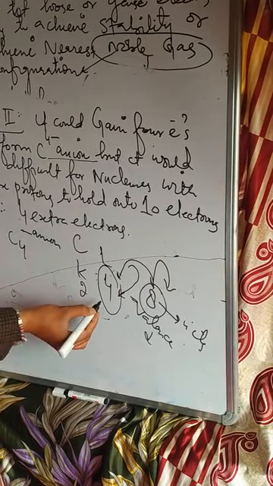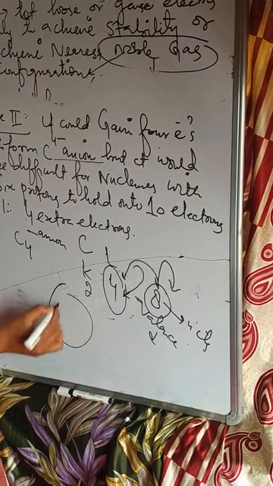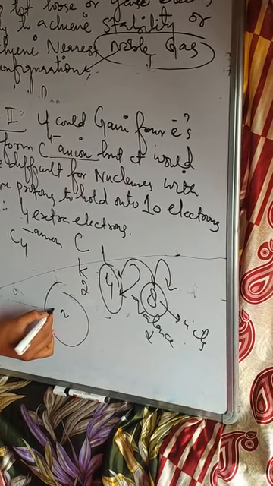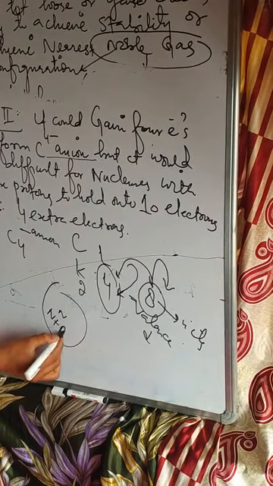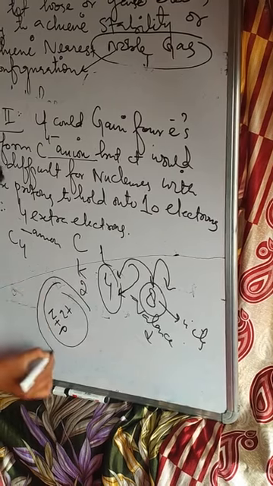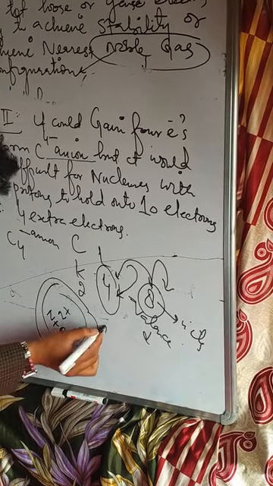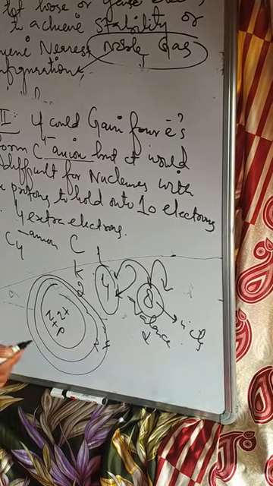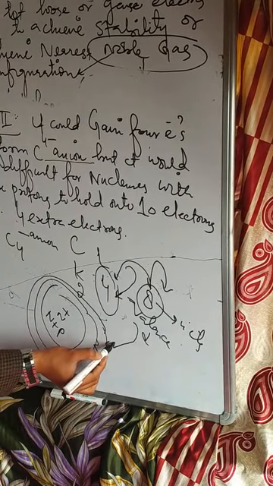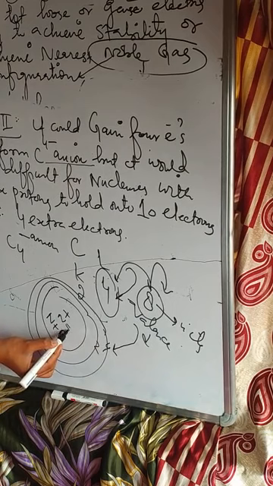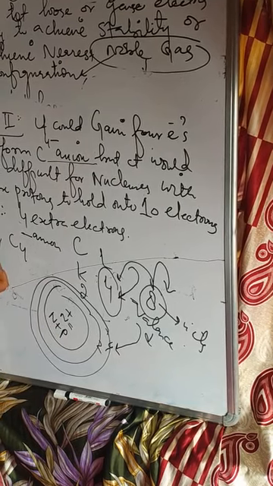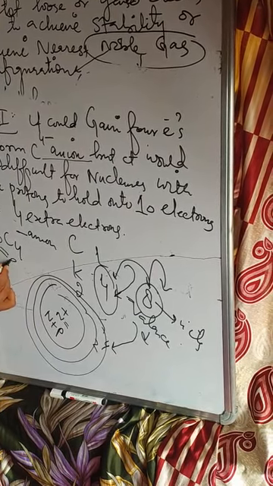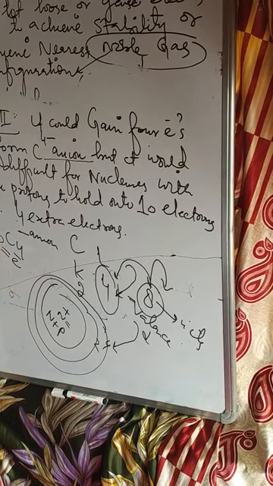But it's difficult for the nucleus of the carbon. This is the nucleus. The nucleus contains neutrons plus protons having positive charge. In its first shell, it contains 2 electrons, and in its last shell, it contains 4 electrons. The moment it gains 4 more electrons, it will be difficult for the nucleus, because I told you people, proton number should always equal the electron number. This is the atomic number.